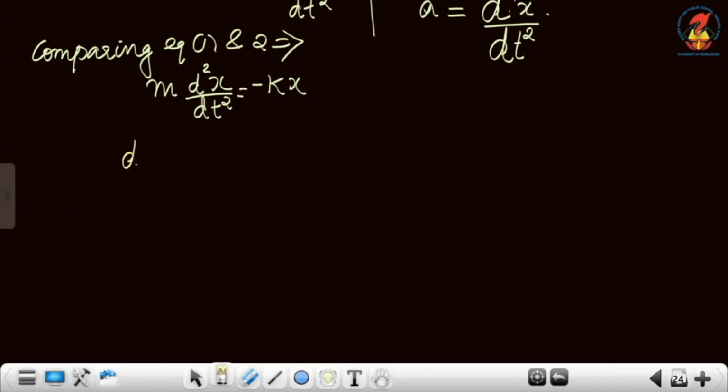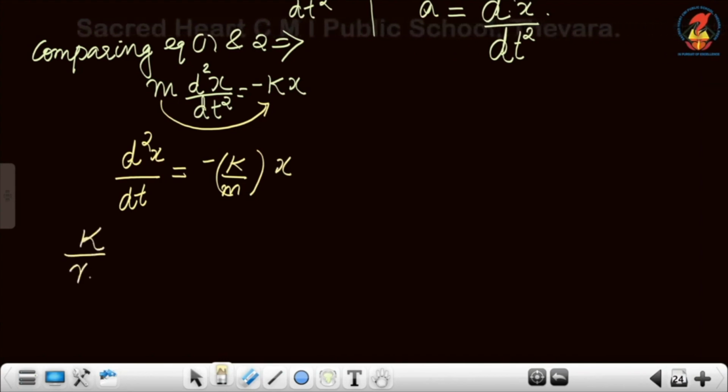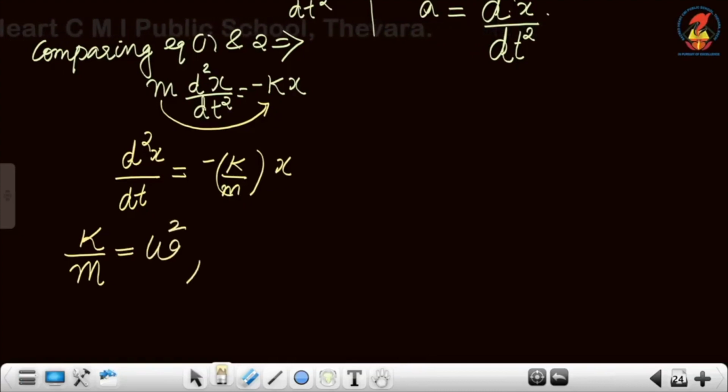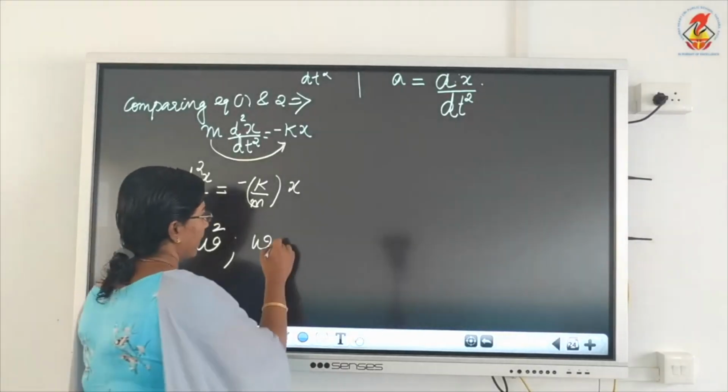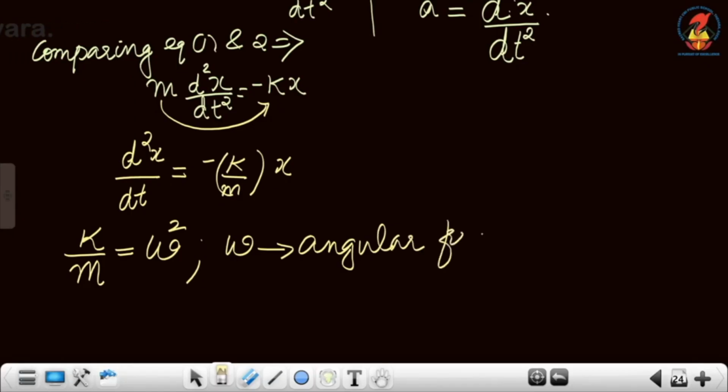Or d square x by dt square is equal to, bringing this m to this side, minus k by m into x. Now, it is proved that the value of k by m is equal to omega square, where omega is not the angular velocity, it is known by the name angular frequency.